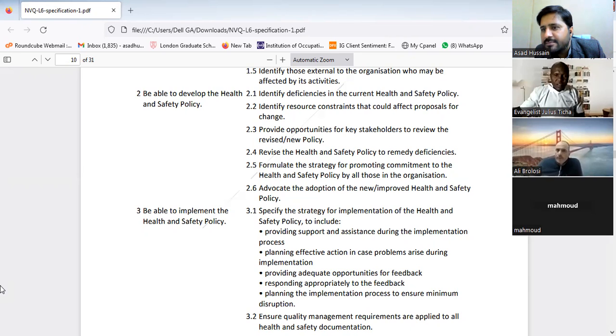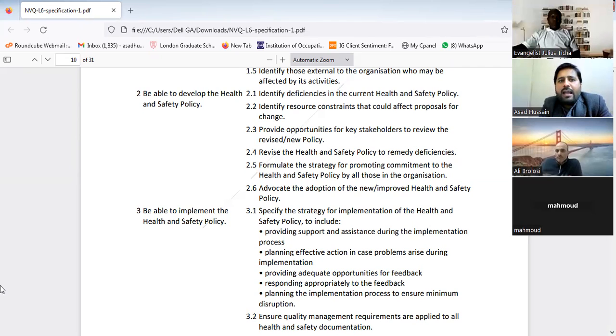So it's a review when an accident happens, or when... No. It is asking that when it comes to developing a health and safety policy, it is not just that an accident or incident happened and you decided to develop the health and safety policy.